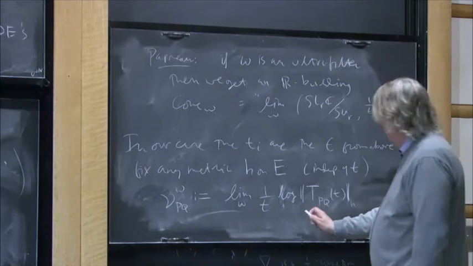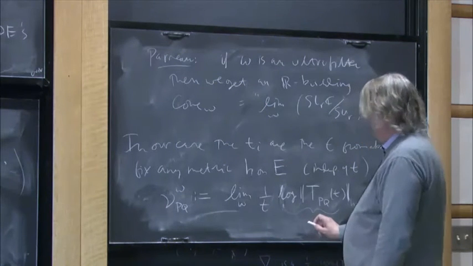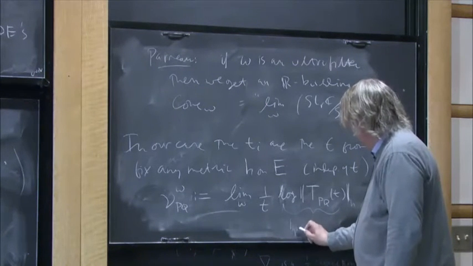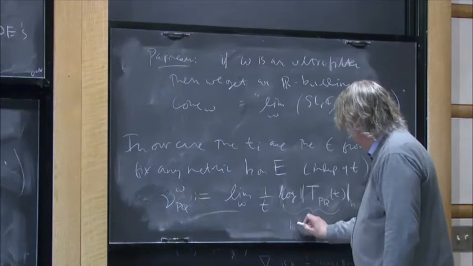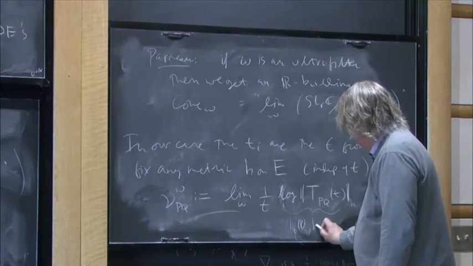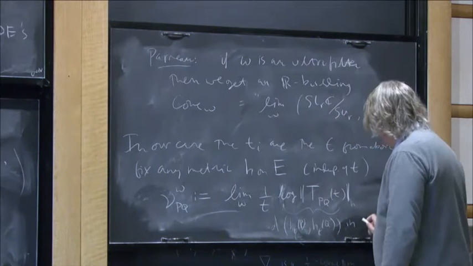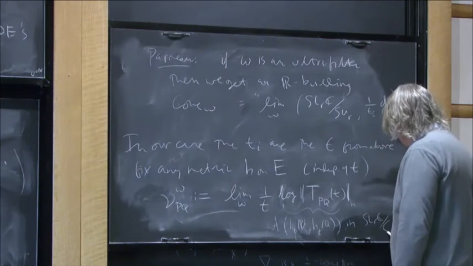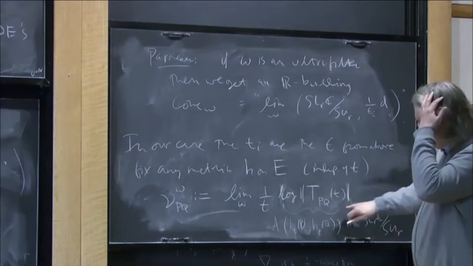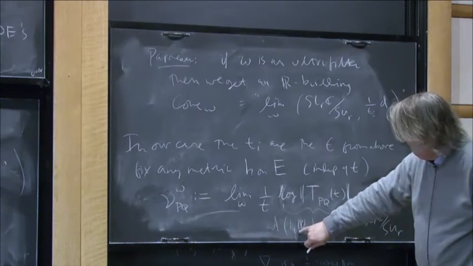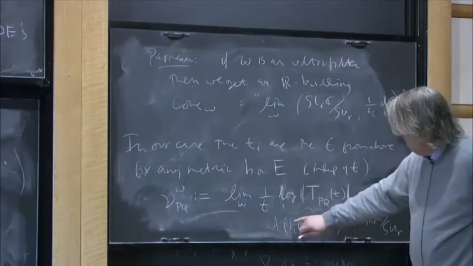So this is, roughly speaking, the distance. Maybe this is not precisely the distance, but asymptotically it is going to be basically the distance between the images of the points P and Q by a map.